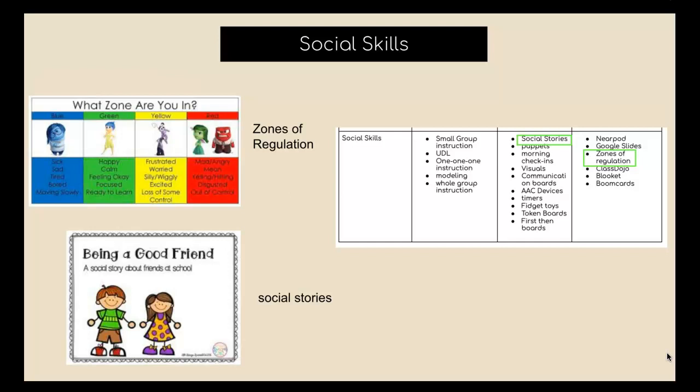I have this particular student who will scream and yell, but when she's happy, she'll say, I'm in the green zone. And when she does yell, we'll remind her, oh, I think you're in the red zone. How do we get to the green zone? So it's been great since I've introduced it, and it's only been a little under 2 months. So I think it's been great so far.